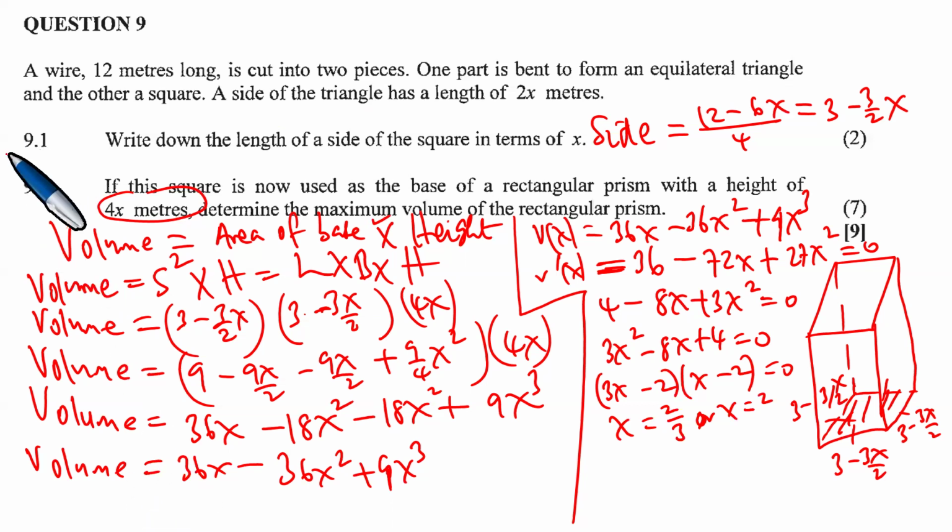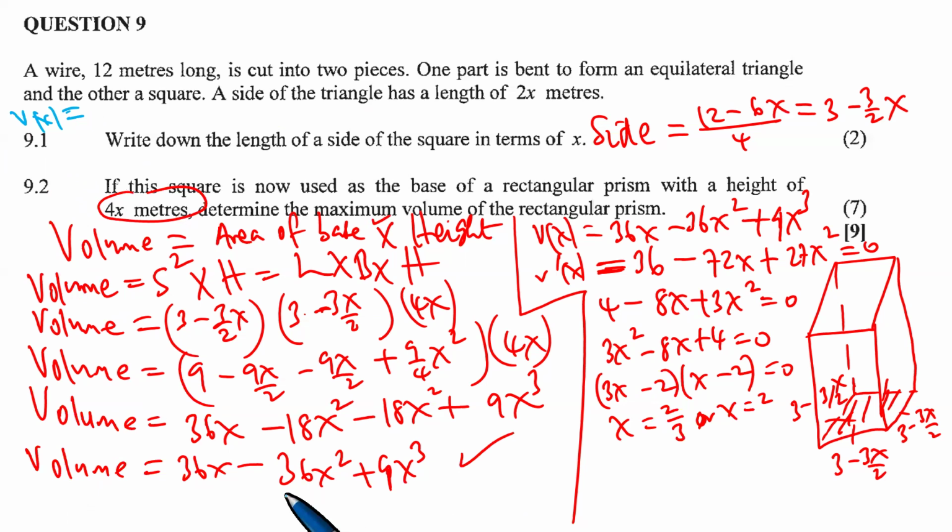And then at this point, we have that the volume is this. So we shall be able to get the volume. V of x. What is V of x? Right.